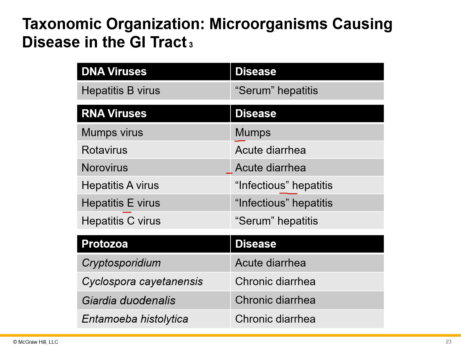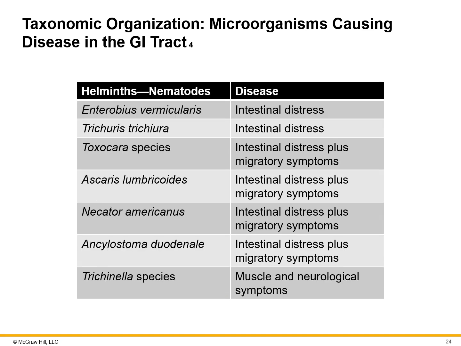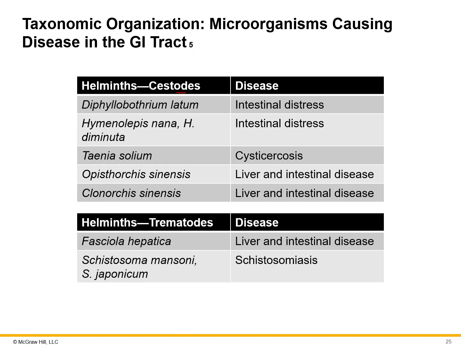And then we have some protists here that can cause both acute and chronic diarrhea. And then finally, our helminths, the various types. Again, just the ones that we focused on are the ones I want you to know a little bit about. So we have our nematodes, and then our cestodes and trematodes. So again, our roundworms, our tapeworms, and then those flukes.